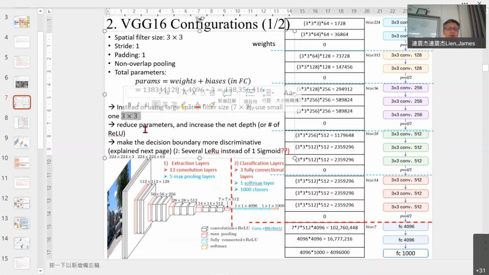Then they use ReLU here. For each block, they do convolution, and they also use ReLU. ReLU is the activation function for nonlinear discrimination.